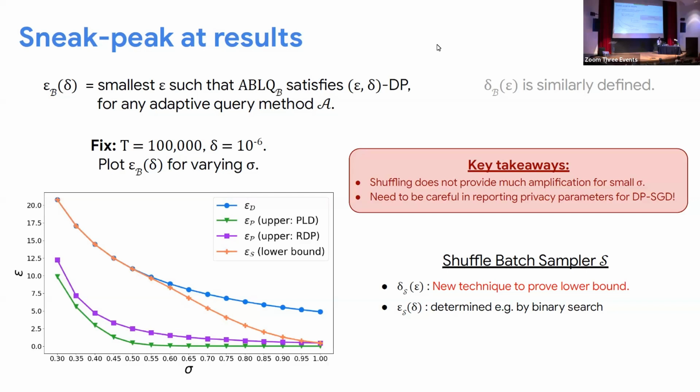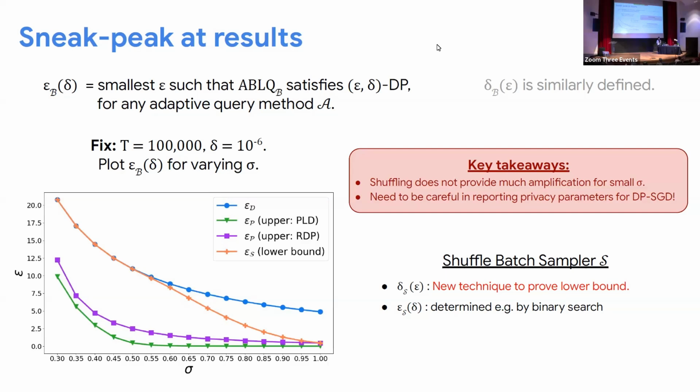So it means that you are reporting higher privacy than what is actually being achieved in practice when you are implementing DPSGD. So you can see that at higher values of sigma, these lines converge. So at some parameters, it's okay to do that, but at different parameters, it might not be.